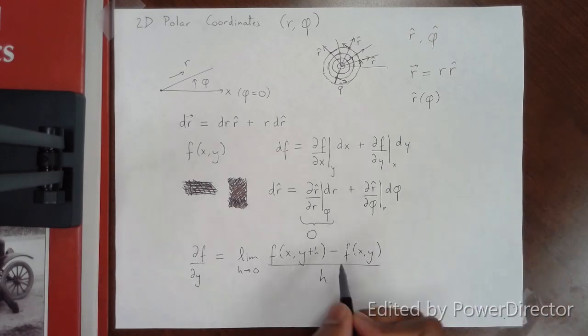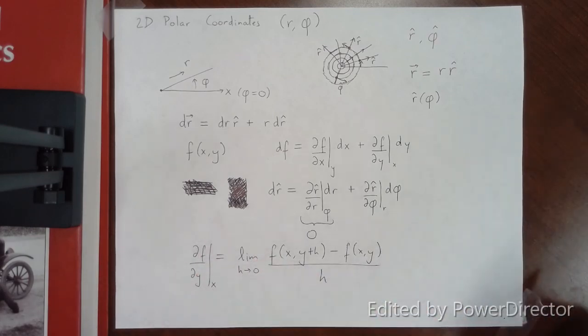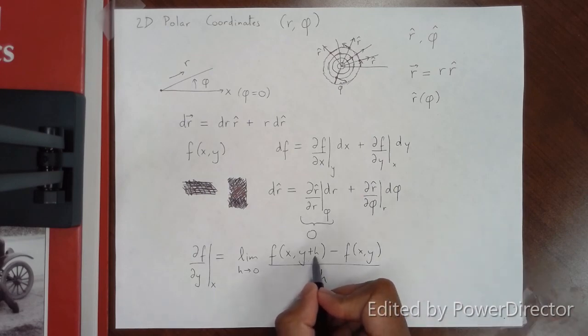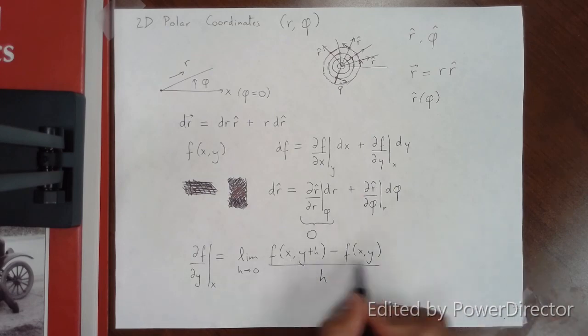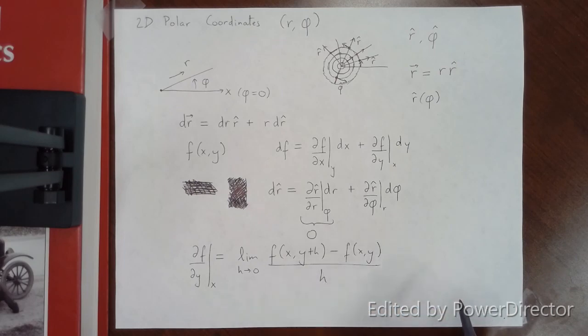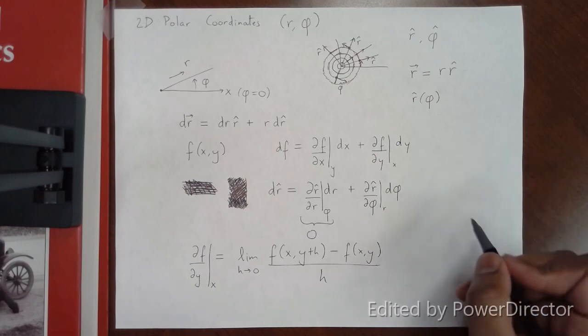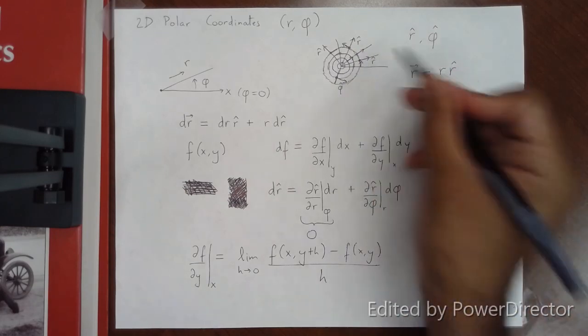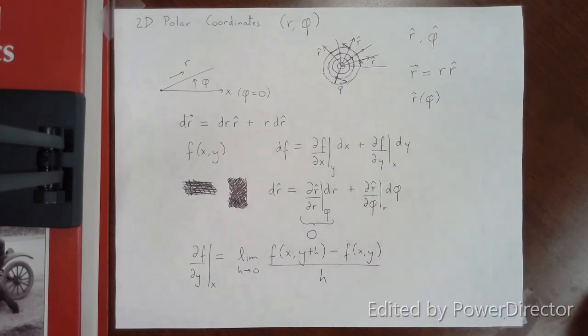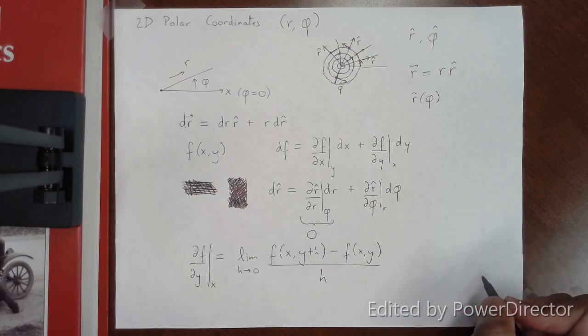In other words, we leave x alone, holding it constant, and allow y to vary by a small amount h. We look at this difference and take the ratio over h and take the limit as h tends to 0. We are going to follow a similar procedure over here, focusing on how the r hat vector changes as the angle phi changes. So we are going to zoom in a little on this diagram.